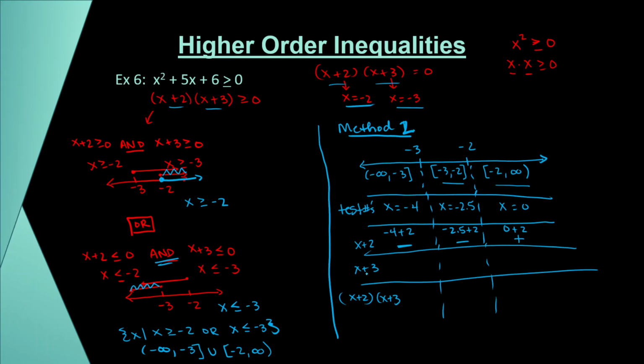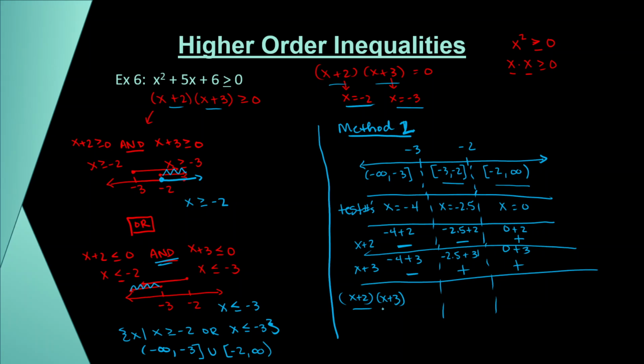If I do that same test in x plus 3, I get a negative. Oh, sorry, I'm plugging in the wrong number, negative 2.5. Let me erase that and make it better. So negative 2.5 plus 3, now that's positive. And 0 plus 3 is also positive.